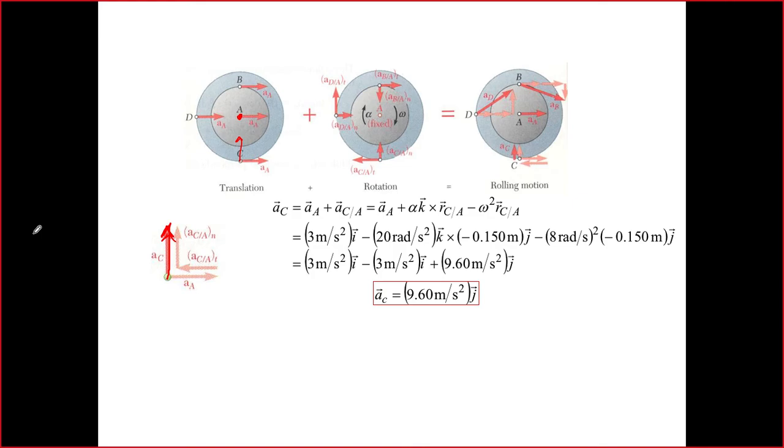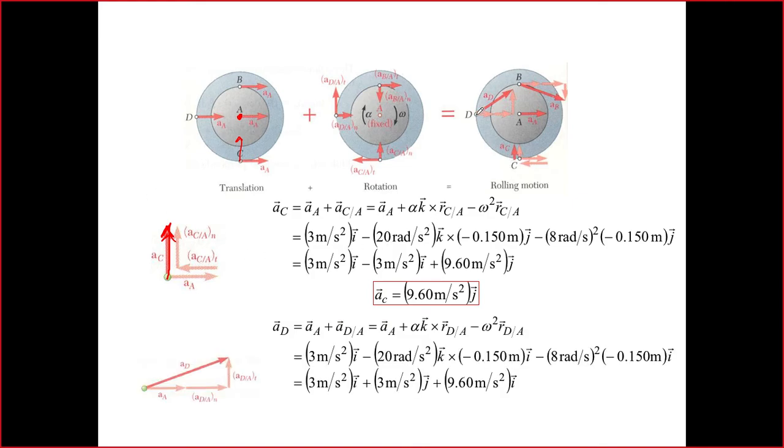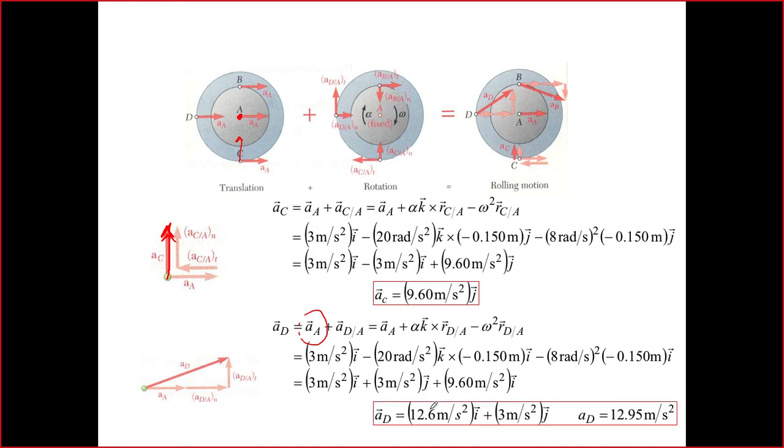And then the last but not the least, the AD. Again, using A as the base point, and then we straightforward arithmetic analysis, we find that AD is 12.6i and 3j. So it's 12.6 in this direction and then 3 in the upwards. So AD turns out to be this one.